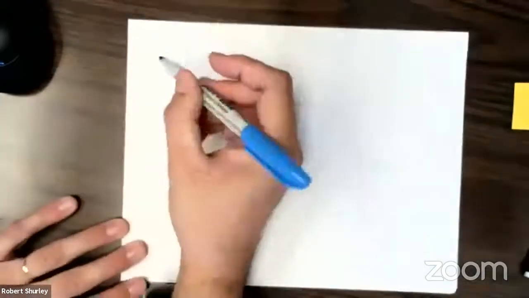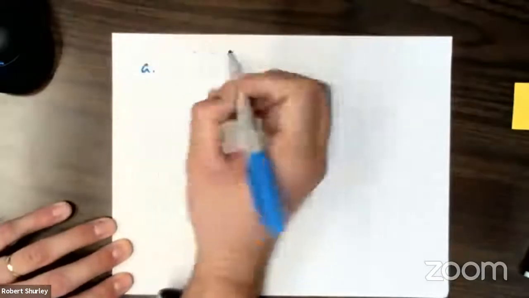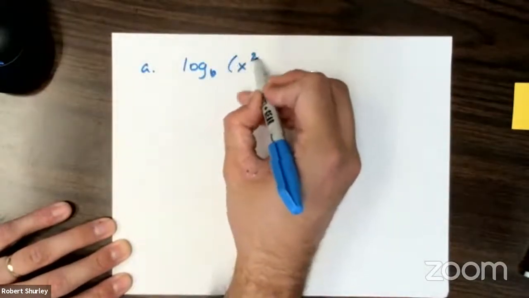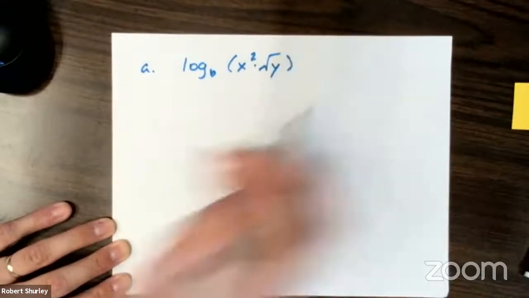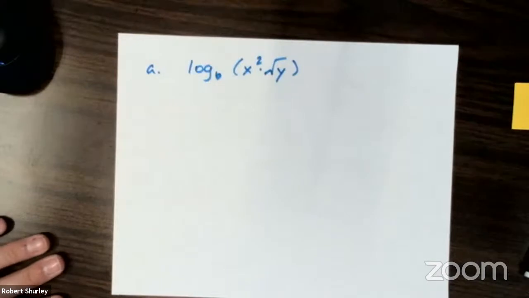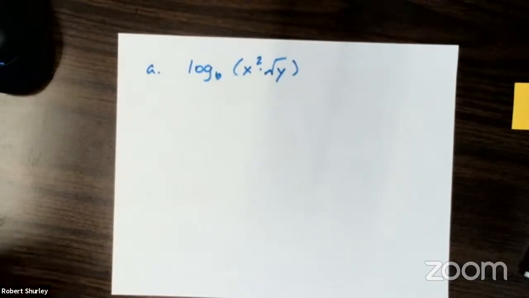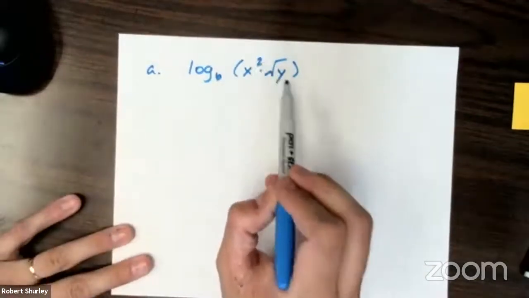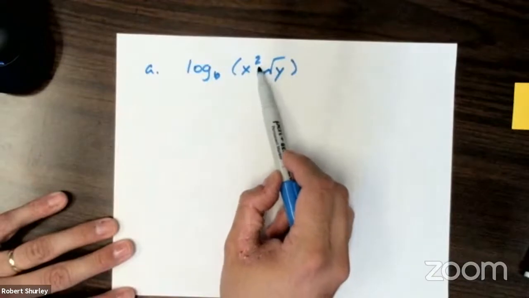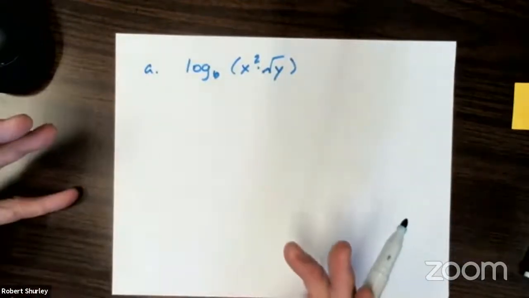Example 4. So this is A for example 4. It says log base b of x squared times the square root of y. And it says use logarithmic properties to expand each expression as much as possible. So first off, I know there's some exponents going on in here, but before we hit the exponents, we have to deal with the multiplication. So we're going to expand the multiplication out first.